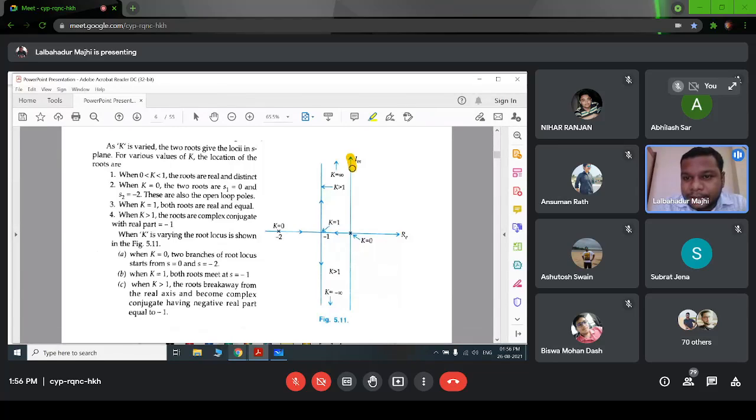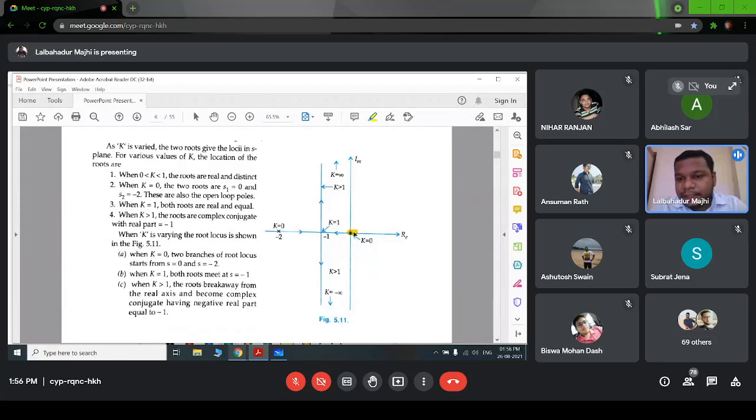So first we have to draw the real and imaginary axis. In root locus, we are increasing the value of gain k from 0 to infinity. When k equal to 0, the 2 branches of root locus start from 0 and -2, right?